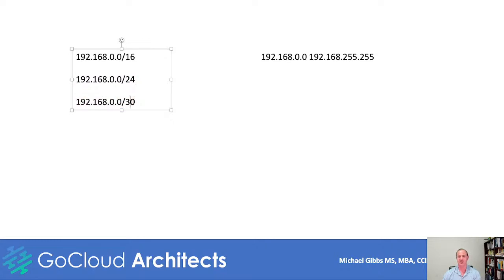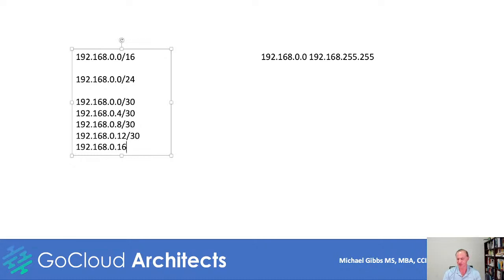So what are these subnets going to look like? Let's work our way up. 192.168.0.0/30. The next subnet will be 192.168.0.4/30. The next one will be 192.168.0.8/30. The next one will be 192.168.0.12/30. The next one will be 192.168.0.16/30.